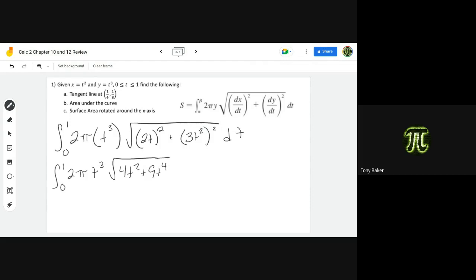So just remember when you're using Desmos to do x's. We've got 2 pi x to the third square root or x squared sine x to the fourth.